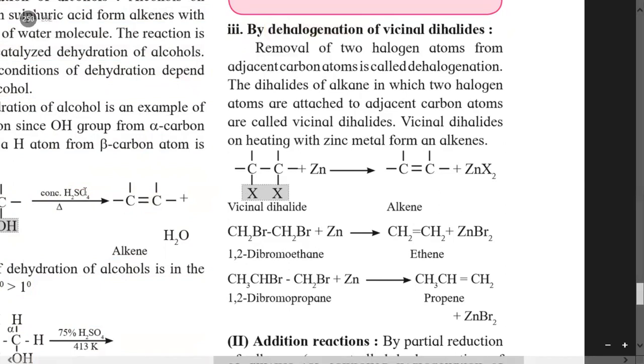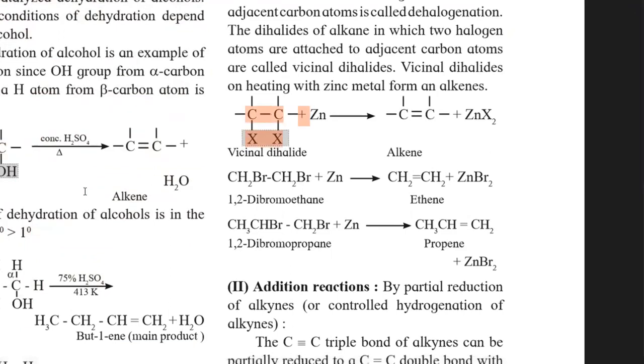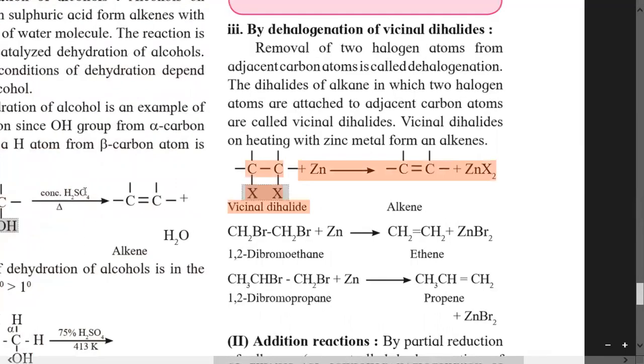Here the vicinal dihalide means a dihalide containing two halogen atoms on adjacent carbon atoms. See this example here. These two adjacent carbon atoms are bonded to two halogens. So this is vicinal dihalide.